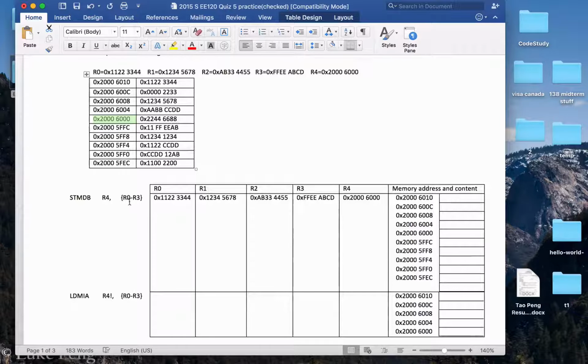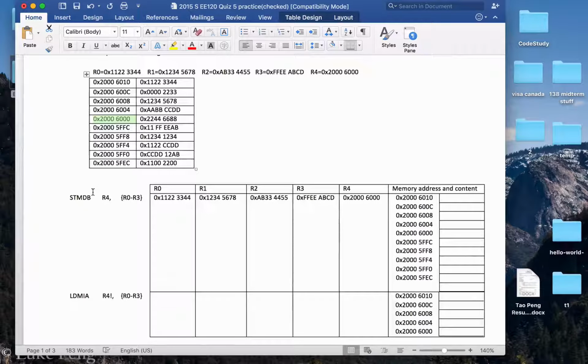Then I store. From R0 to R3, four registers, R0, R1, R2, R3, and I store all four starting at that location.